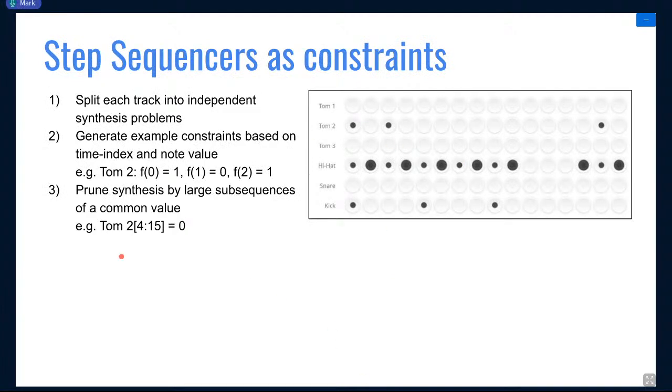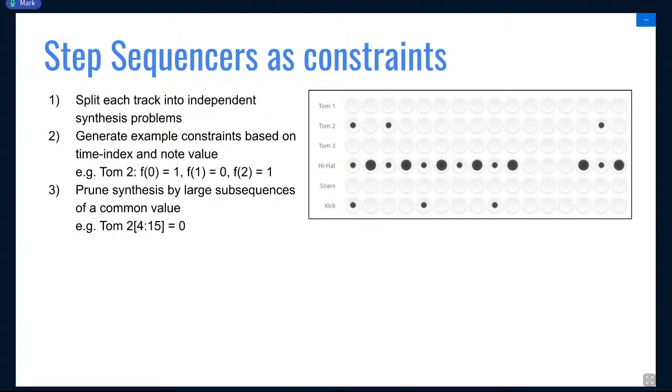And just to keep the synthesis in scope, we're going to prune synthesis by removing large subsequences of common values. So in Tom2, we see all this empty space. We're going to say, okay, well, those are all zeros, so let's not worry about those.